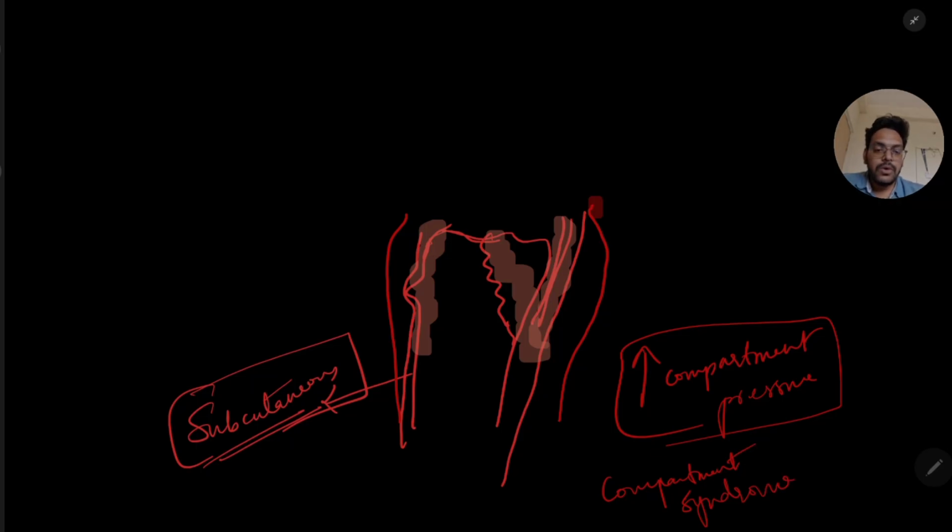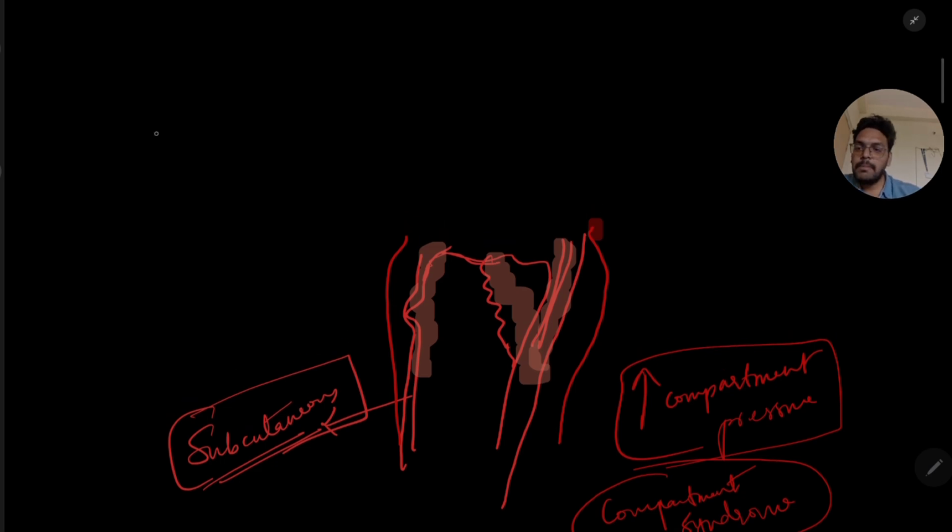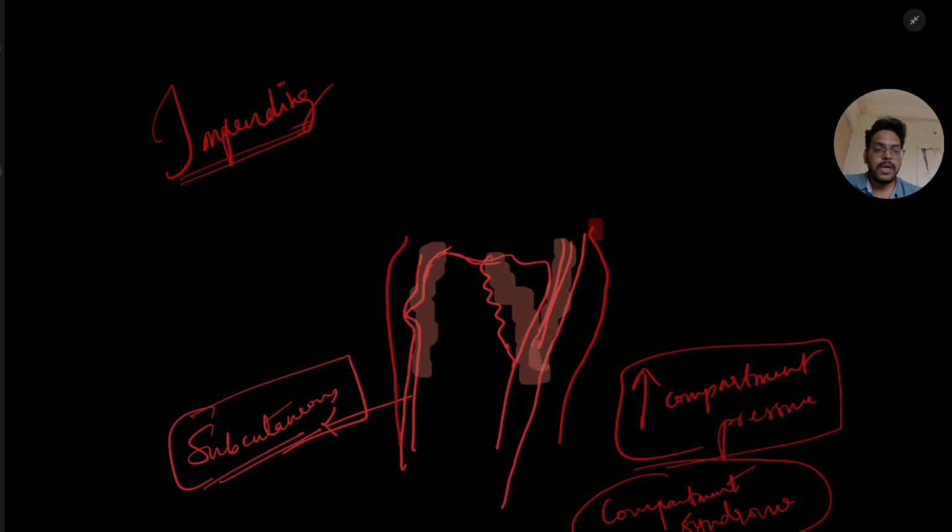So how do you know if the patient is landing into compartment syndrome? We call it impending compartment syndrome. Impending means the compartment syndrome has not yet started, but it may. If you leave the patient, it will end up in compartment syndrome. So what are the signs of compartment syndrome? It has 5 P's. First P is pulselessness.